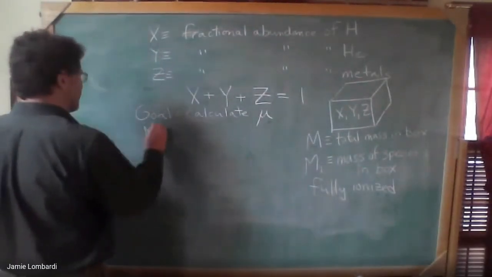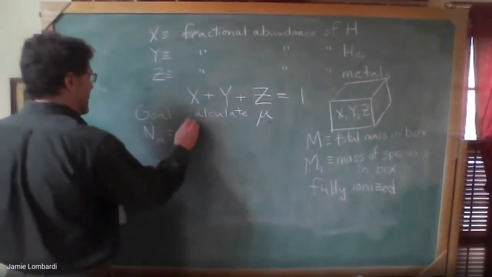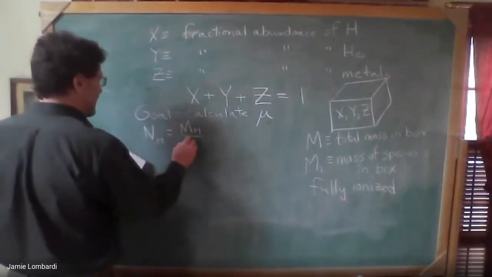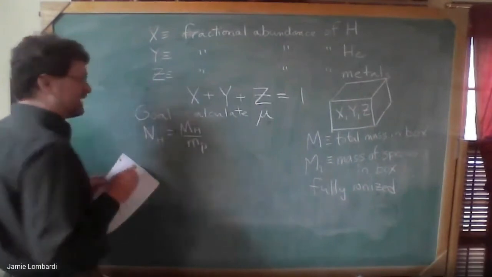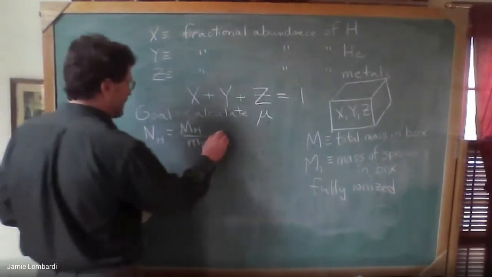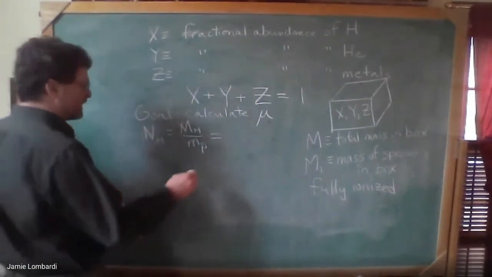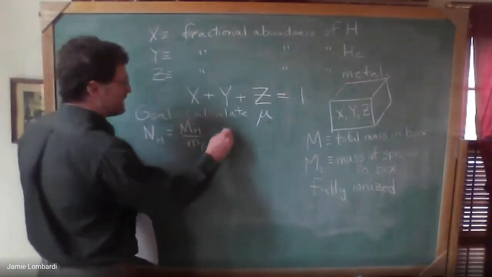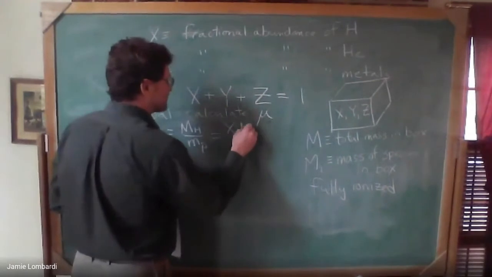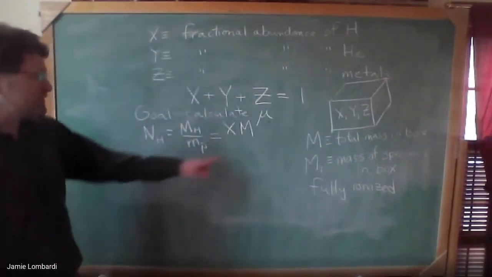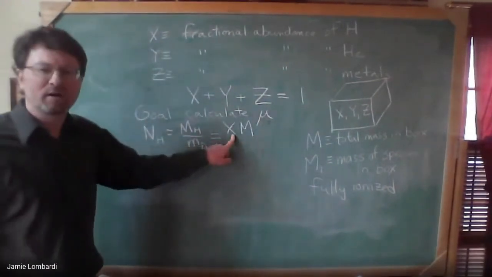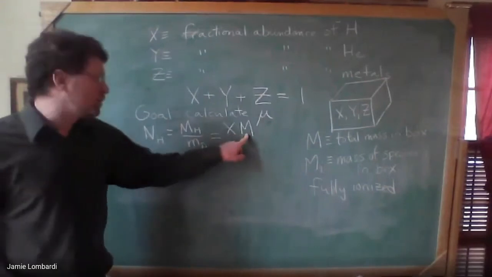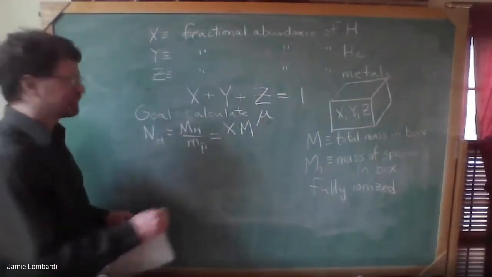Well, the number of hydrogens is the mass of hydrogen divided by m sub p, the mass of one hydrogen. Remember, a proton is a hydrogen nucleus. And the mass of hydrogen, m sub h, is x times the total mass. So for example, if x were 0.4, 40% of the total mass is in hydrogen.